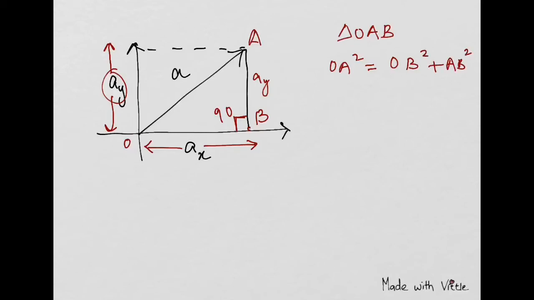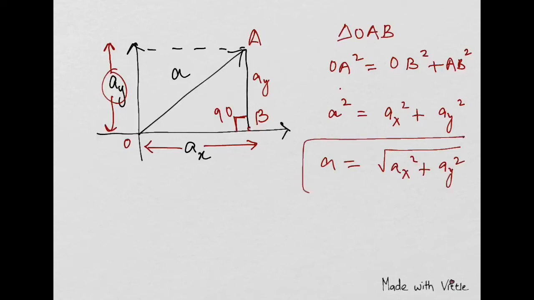Now OA squared is nothing but A squared, OB squared is AX squared, and AB squared is AY squared. So from here, the magnitude of A comes out to be the square root of AX squared plus AY squared. This is why we calculate the magnitude of any vector if you know the X component and the Y component of that vector quantity.